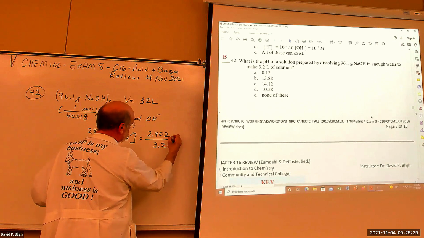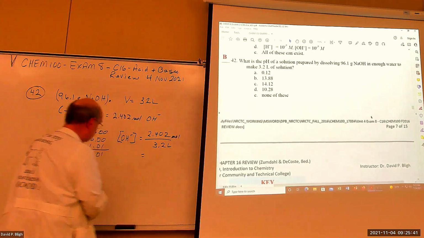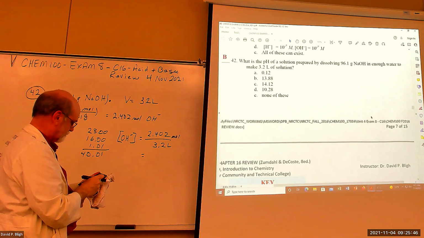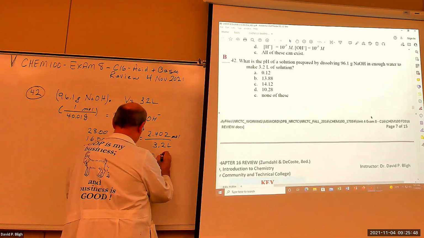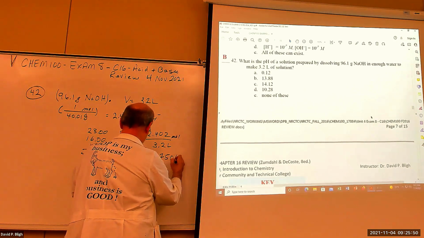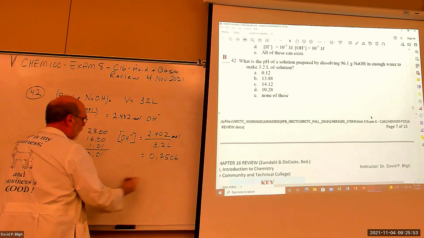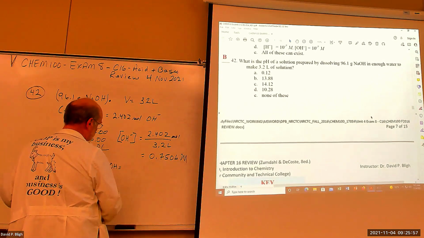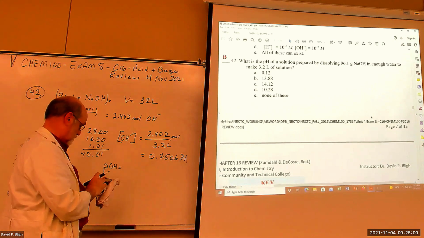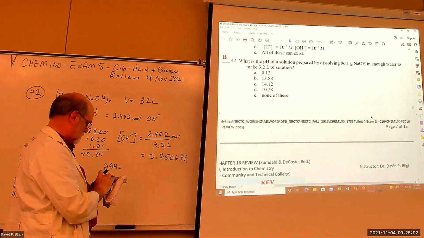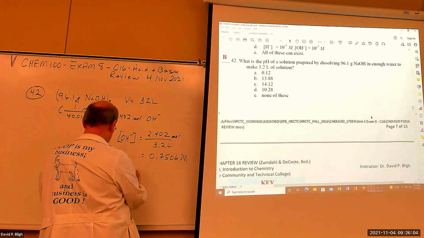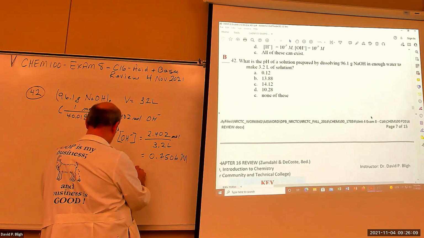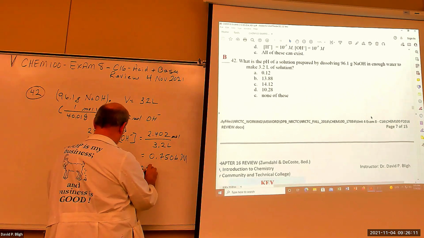Whew. 3.2 liters. That's 0.7506 molar. Now the pOH is equal to the negative log of that value, which is 0.1246.